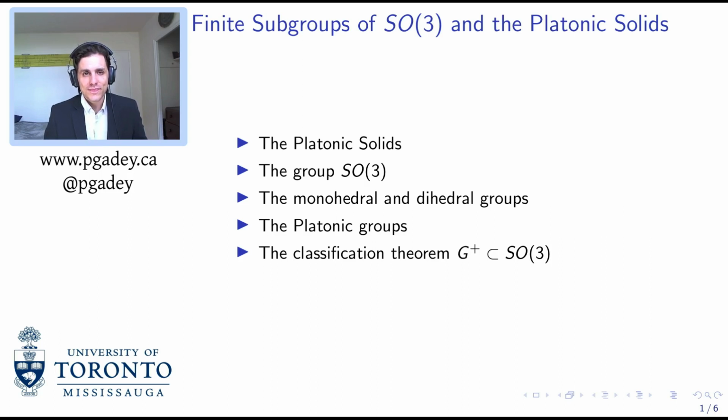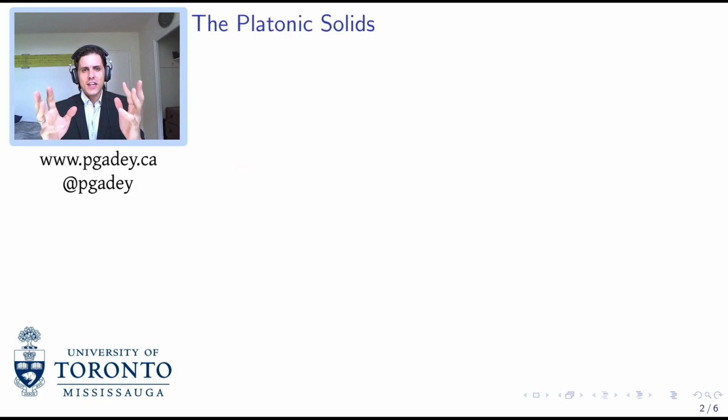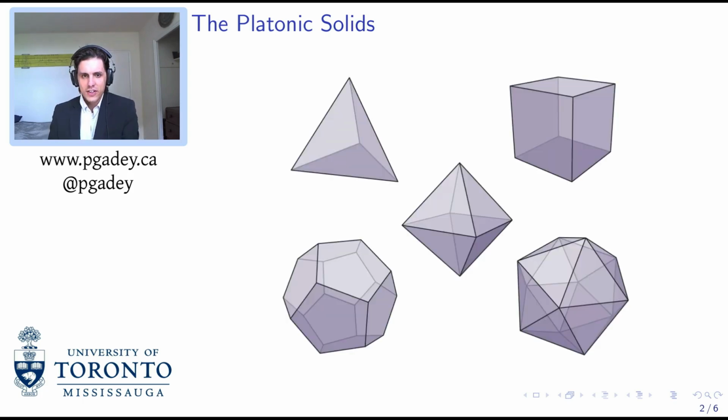Let's get started. So the Platonic solids are one of the centerpieces of mathematics. They're some of the most beautiful objects in all of mathematics, and we're lucky to get to study them in this course. Here's what they look like. We've got the solid, the tetrahedron.